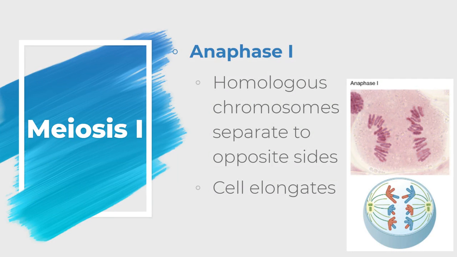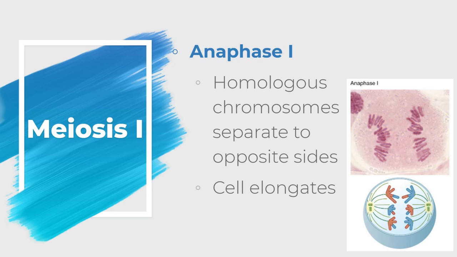In anaphase 1, this is where we are going to pull the homologous chromosomes apart. So we're not actually separating the chromatids of the chromosomes, we are separating the 2 homologous chromosomes.